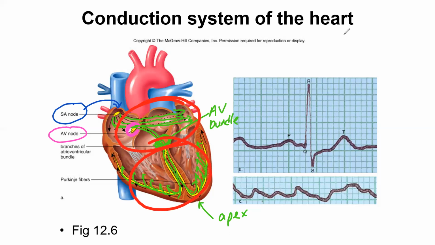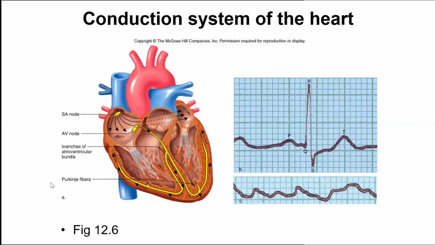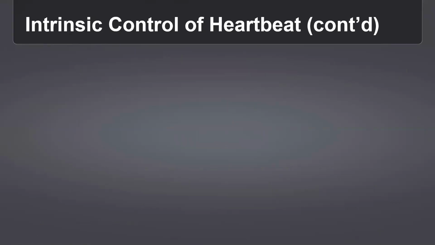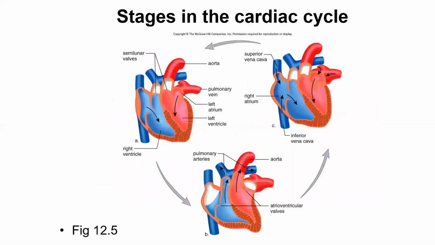Now, if you go back three slides to the stages of the cardiac cycle, the stages of the cardiac cycle go hand in hand with the intrinsic control of the heart.